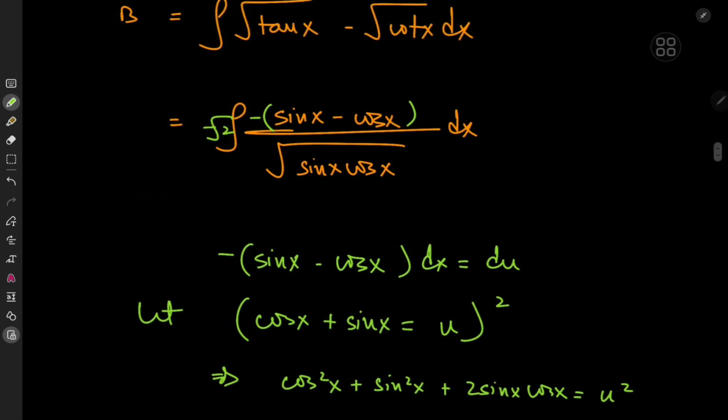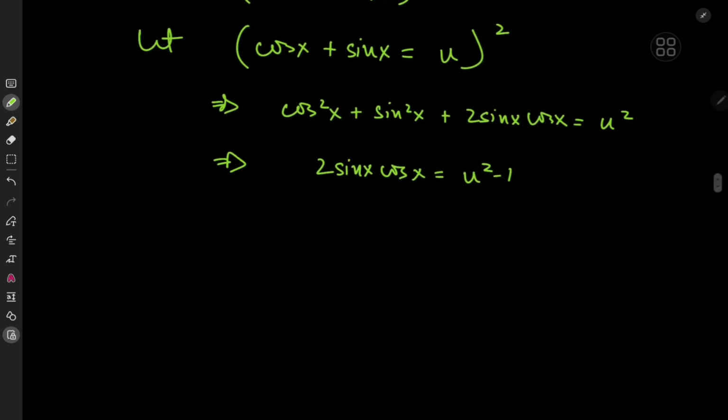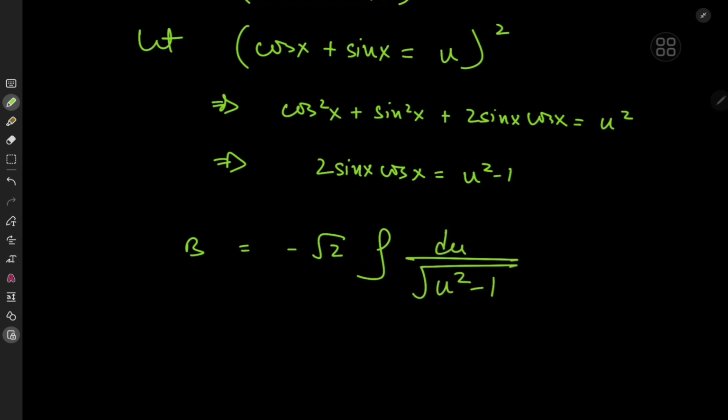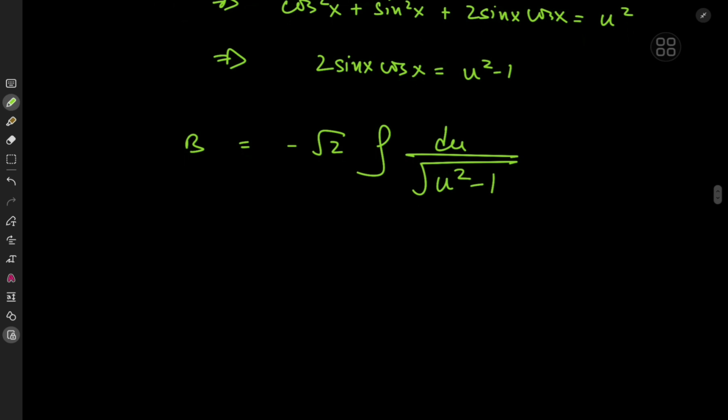So again, I need the factor of root 2 here, and this means that B equals negative root 2 times the integral of du divided by square root of u squared minus 1, which I think is the inverse cosh function, but I'm not sure if I remembered that correctly, so I'm just going to evaluate this completely instead of messing up and then leaving a pinned comment.